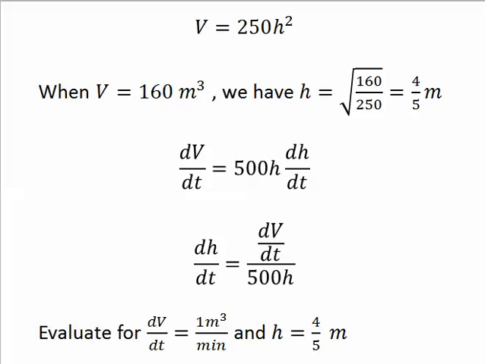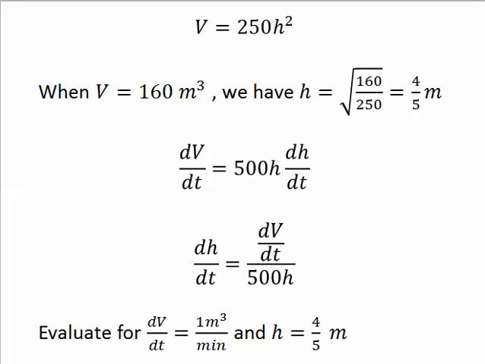We know that dV/dt is 1 cubic meter per minute, and we also know that h is equal to 4/5 of a meter. Let me just remind you that we're evaluating dH/dt at 160 minutes, and at 160 minutes, h is equal to 4/5. dV/dt is constant, so that would be regardless of what time it is.